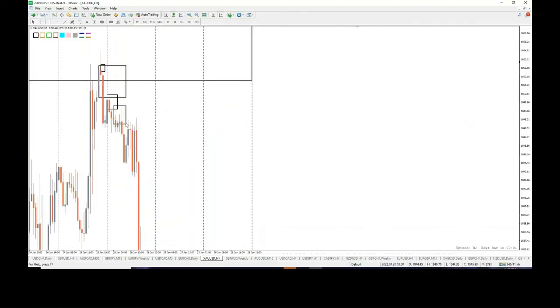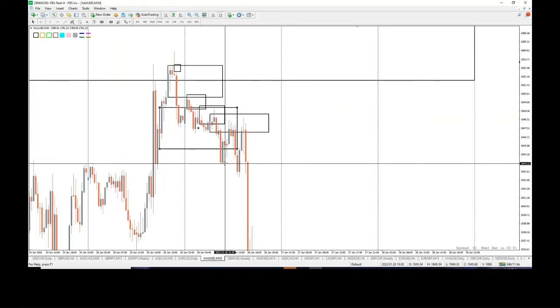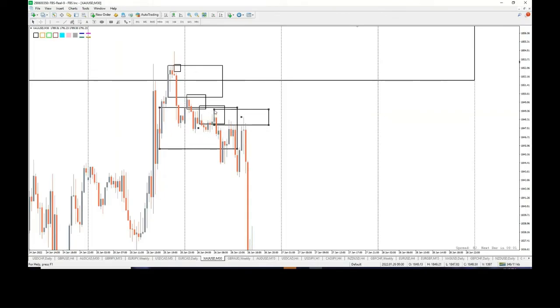Because the H1 is still making another engulfing sell, plus an engulfing fail on M30. You see it? So we do entry here.